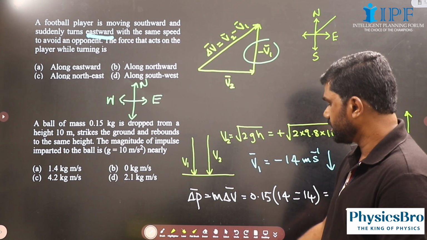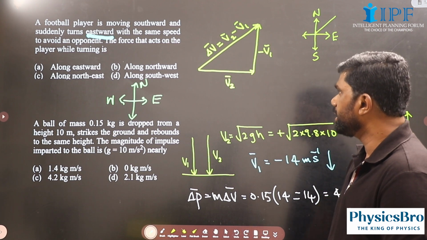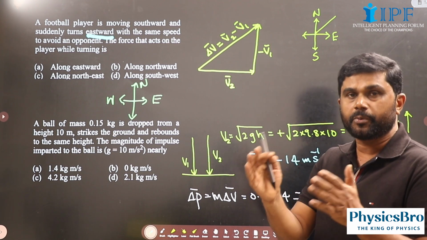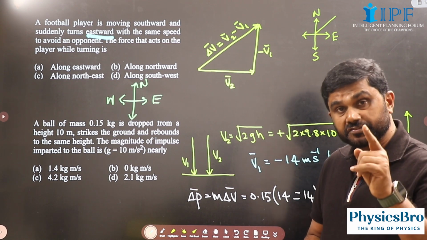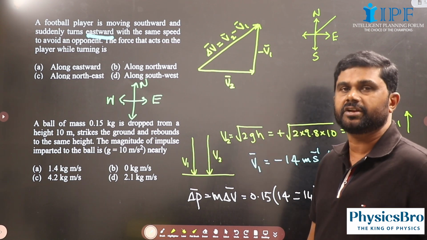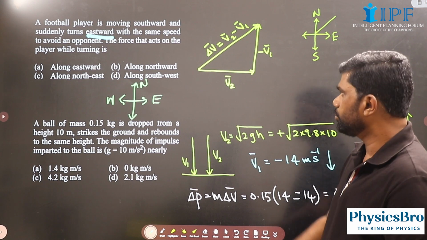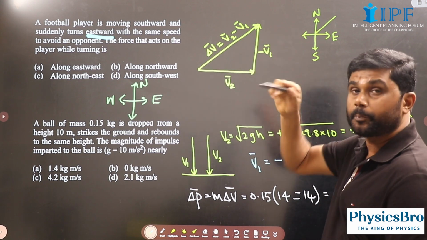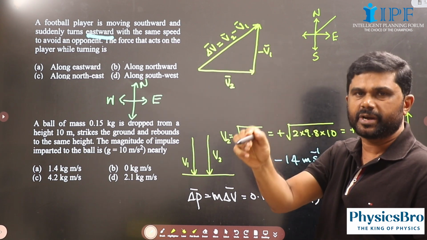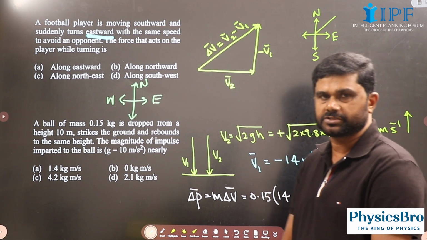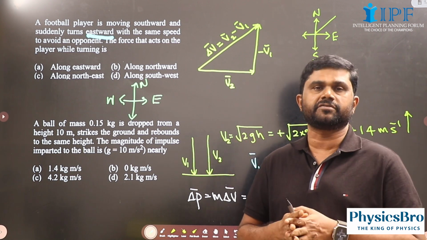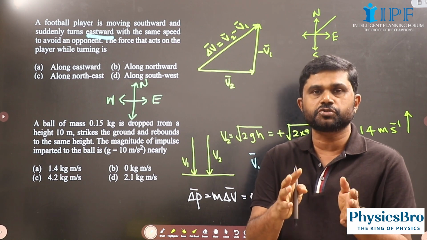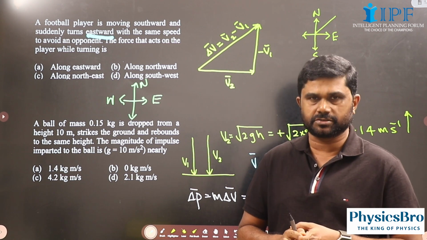The vector drawn from the tail of the first vector to the tip of the second will give you the resultant, V2 plus minus V1, or V2 minus V1, that is the change in velocity. Acceleration will be along the direction of change in velocity, so the force also will be along the direction of change in velocity.